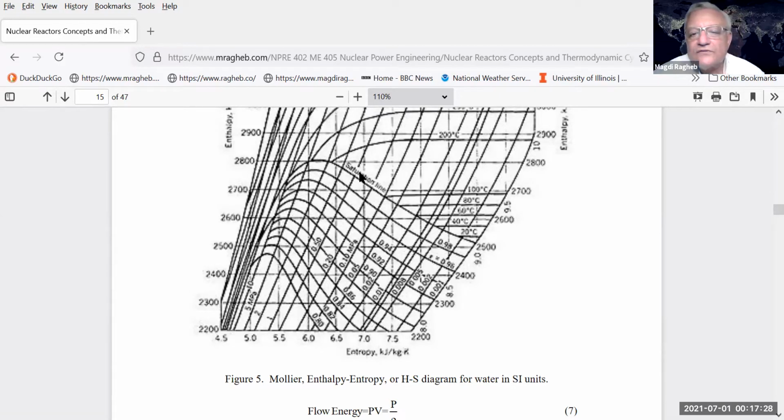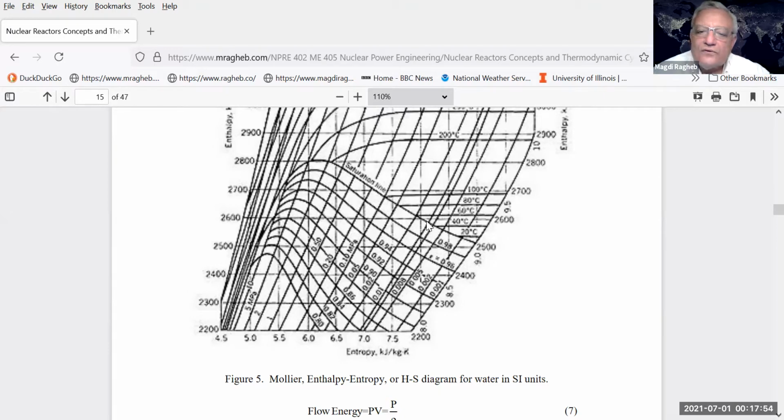So this is again the saturation line. Each one of those lines shown here describes the degree by which the water has turned into steam. So at that point here, for instance, this is a quality line. 0.94 quality means 94% of the water has turned into steam. And when you reach the saturation line, it's now 1.